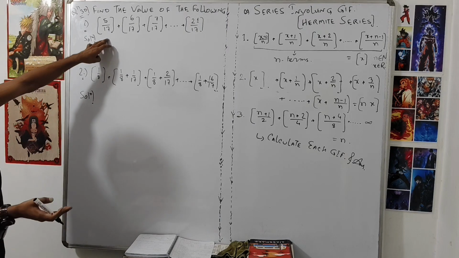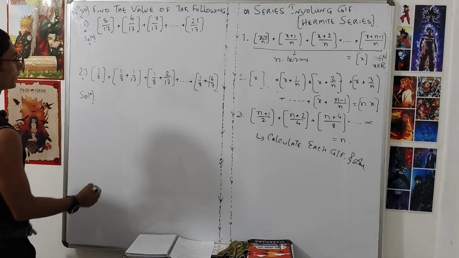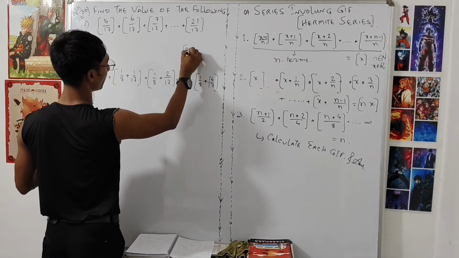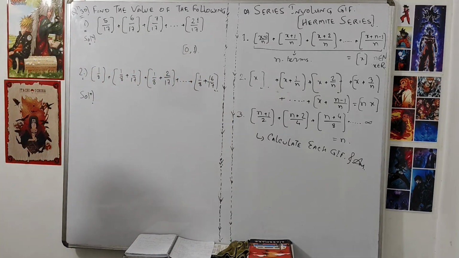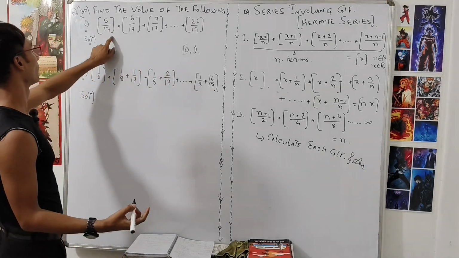It's less than 1 and a positive quantity, right? That means it belongs to the interval 0 to 1. It is greater than 0 because it is a positive quantity, and less than 1.